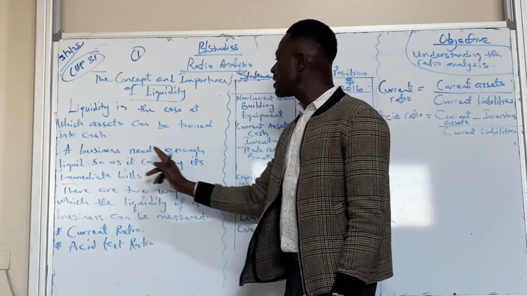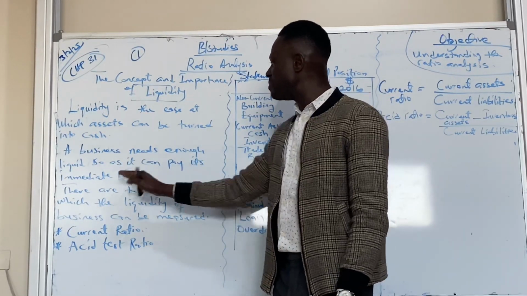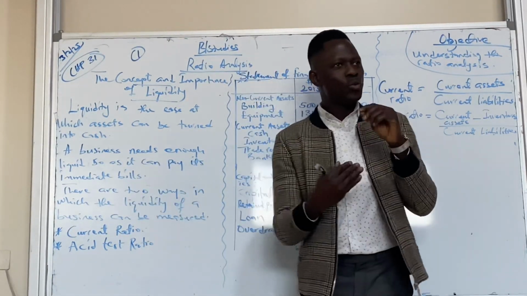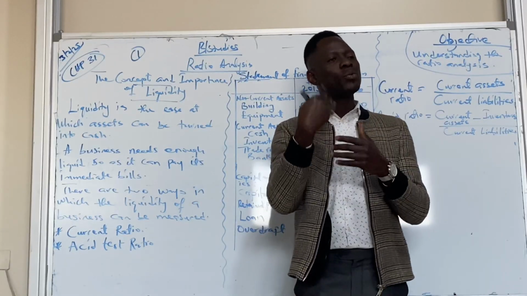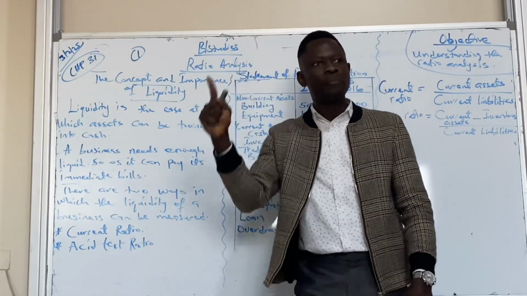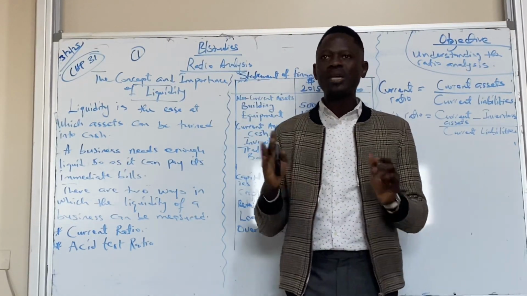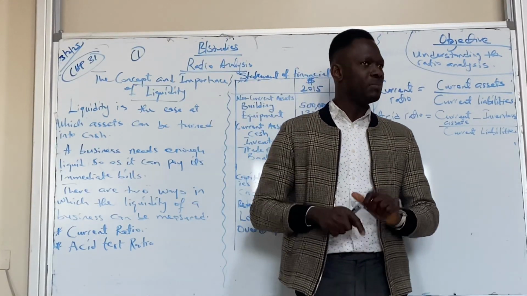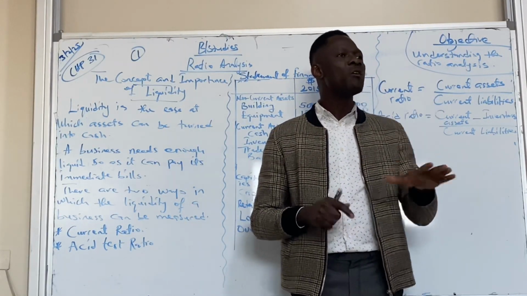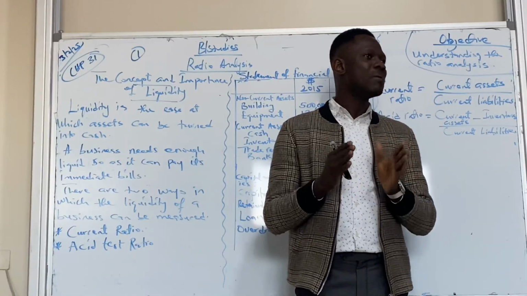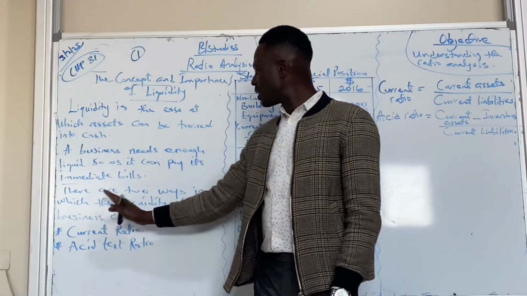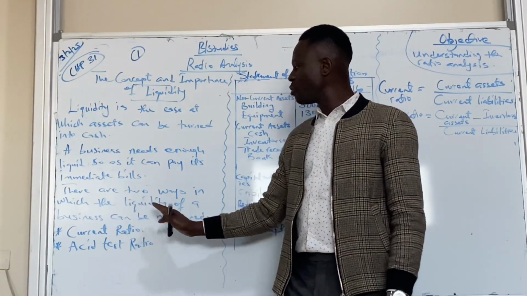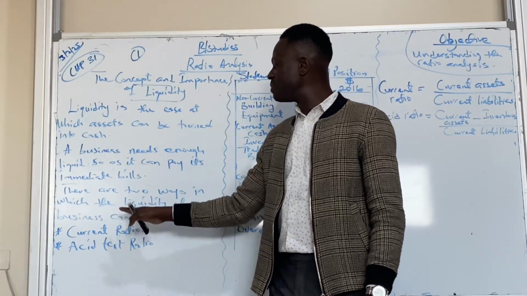A business needs enough liquidity so it can pay its immediate bills. Remember we said earlier that cash is the lifeblood of every business. Without cash, we cannot successfully run a business. So we need enough cash to pay our immediate bills. There are two ways in which the liquidity of a business can be measured.